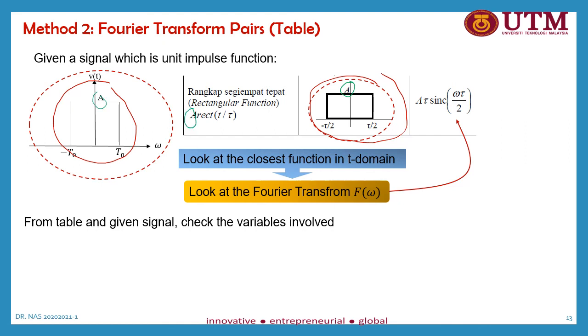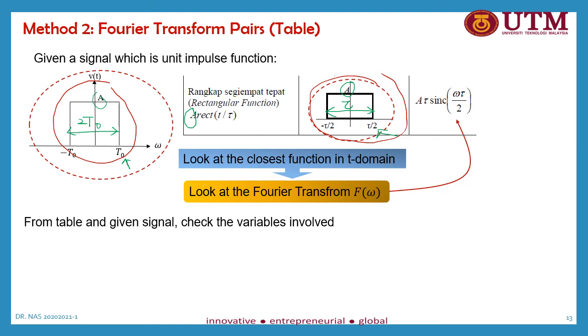But if you look at the duration, here it is t0 and minus t0, but in the table it is tau over 2 and minus tau over 2. So the size in the table is basically tau, but the size of the given signal in this case is 2 t0.